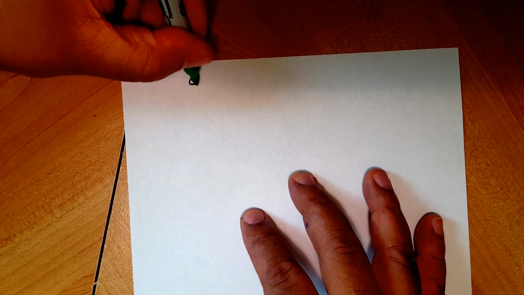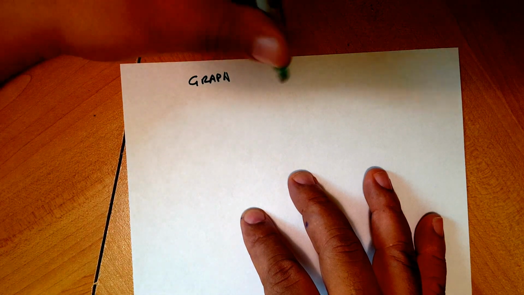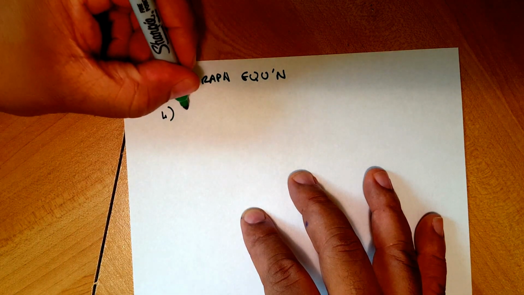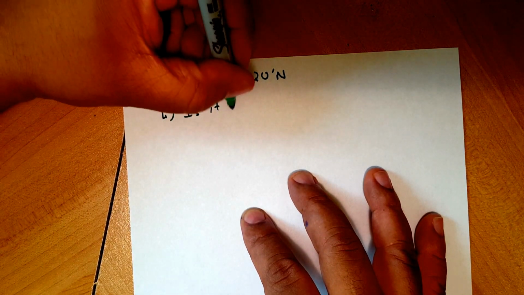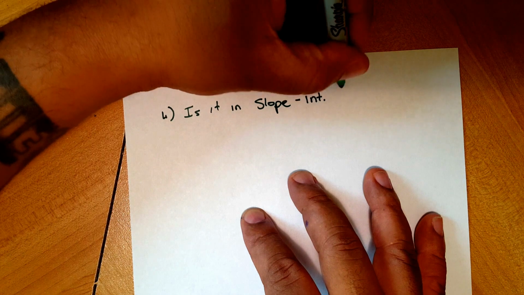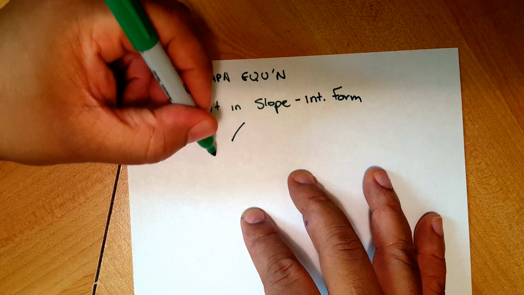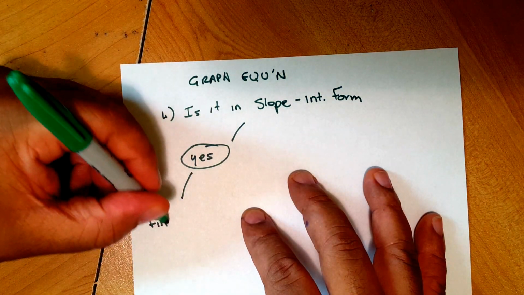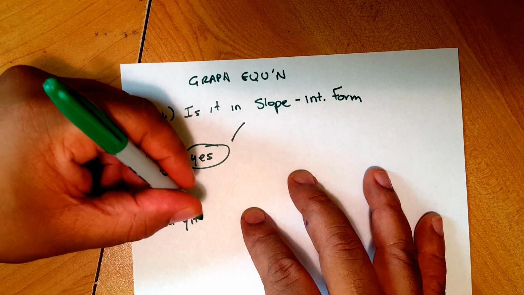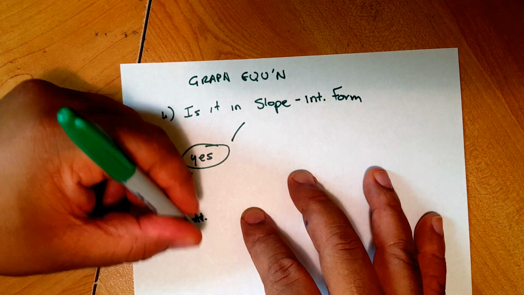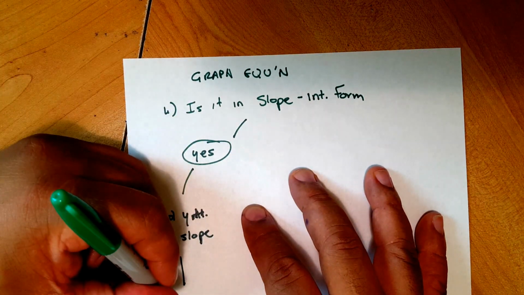when I have to graph an equation, and I'm going to abbreviate equation, the first thing I'm going to ask myself is, is it in slope intercept form? If it is, then I'm going to find the y-intercept, and I'm going to find the slope, and then I'm going to graph.